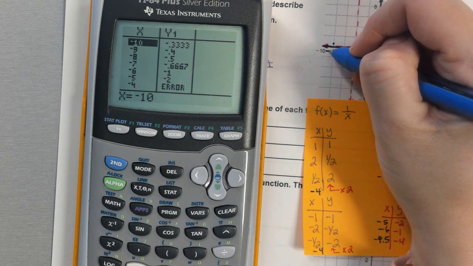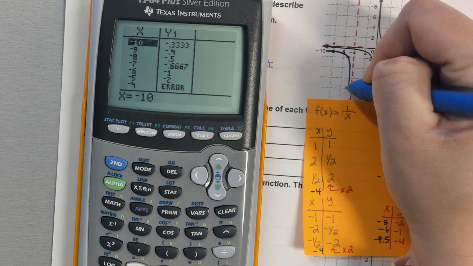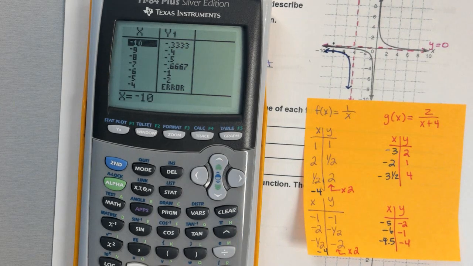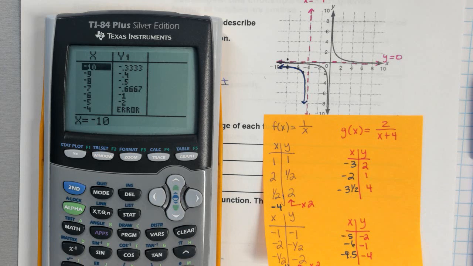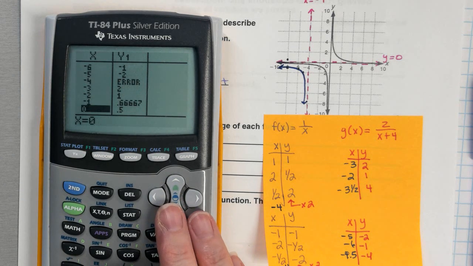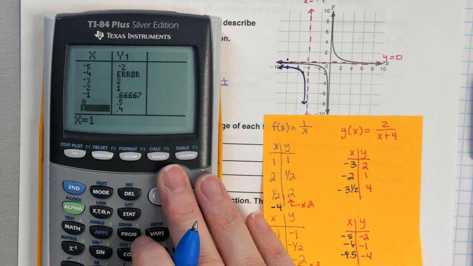But remember, we know the shape of this, right? It's going to follow this line, and you're going to put your arrow there. Okay, and then we're going to create the other branch, which is really part of what I have here.